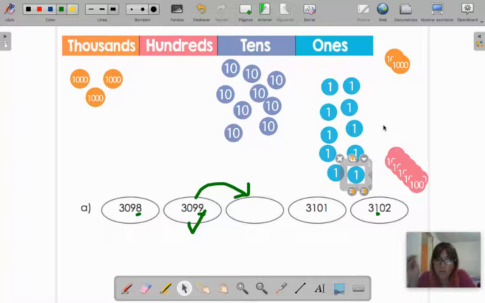Remember I told you the story of Zero the hero. And I told you in the ones we can have until 9. In the tens we can have until 9. In the hundreds we can have until 9. And in the thousands we can have until 9. But you see, here we have 10.